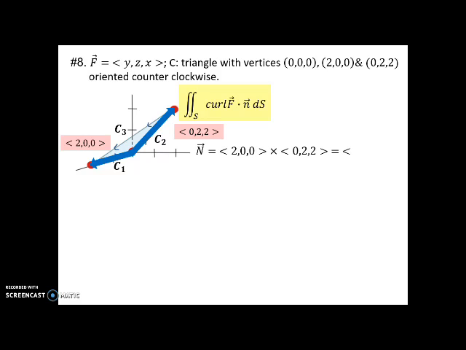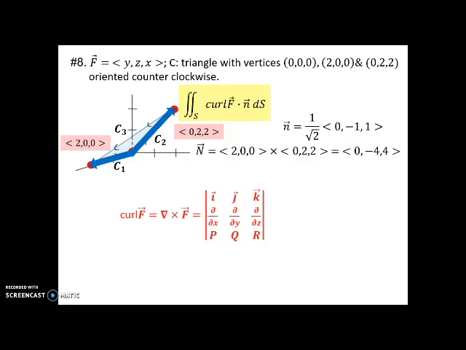So to get n, I crossed those 2 vectors. I did not show the work. You could do that on scratch paper if you like. And then we need it to be a unit vector, so the length there would be the square root of 16 plus 16, or square root of 32, or 4 root 2. And so the 4's cancel, and we get 1 over root 2 times the vector 0, negative 1, 1. Okay, so then we also need the curl.